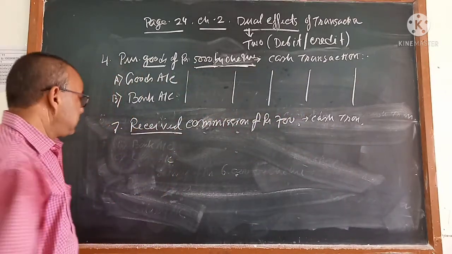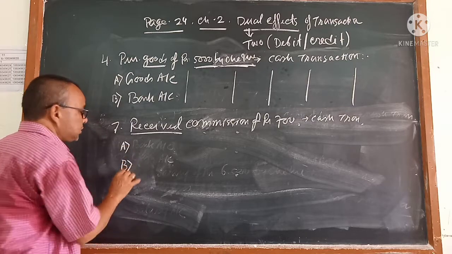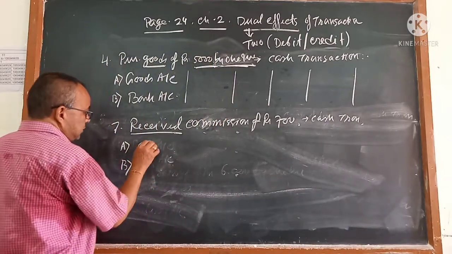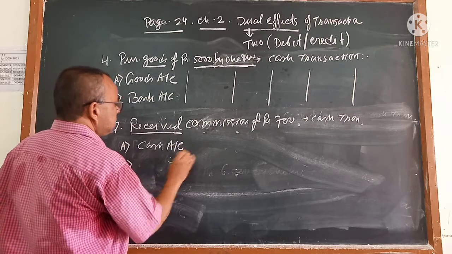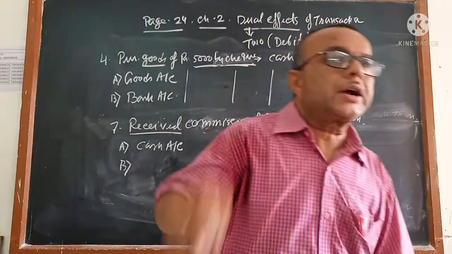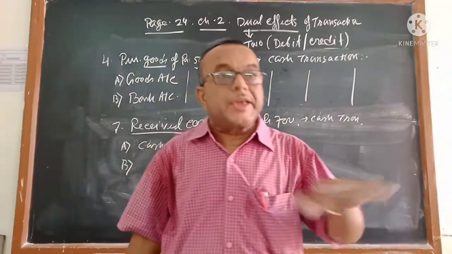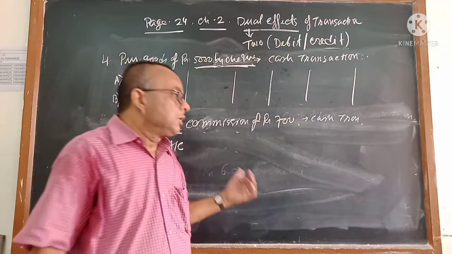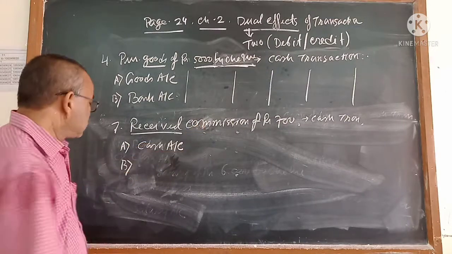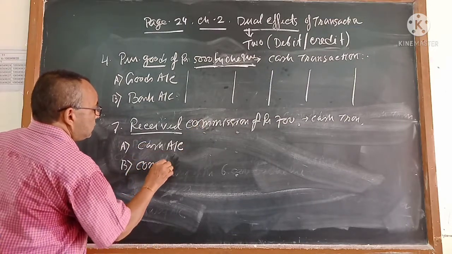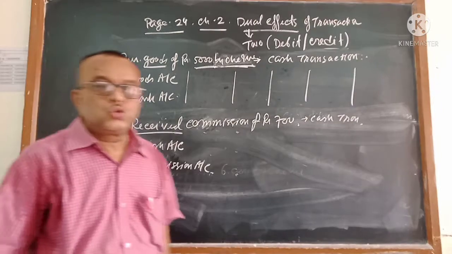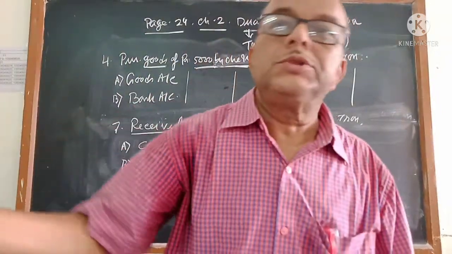The two effects you will get are effect A and effect B. One is the cash account, and as in the previous one you wrote the salary account. Salary is one type of expense against the service which you have received. This is also a commission which you have received, so one will be the commission account. Like that, you have to find out two effects from each transaction.